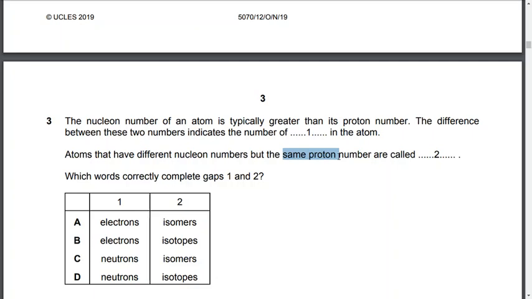If there is a change in the proton number, you're talking about a totally different element or atom. So it's definitely not proton number that will ever change. This is basically a terminology for atoms that have different nucleon number but the same proton number. That means nucleon number is different but proton number is the same.